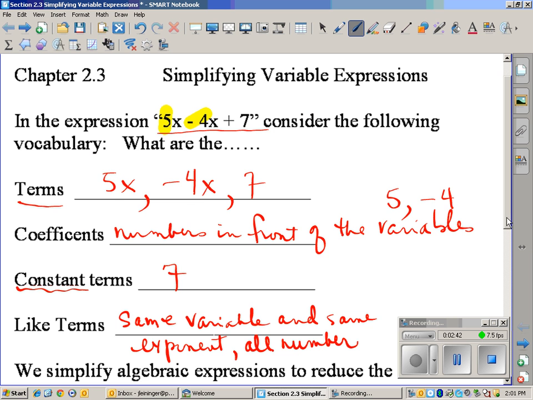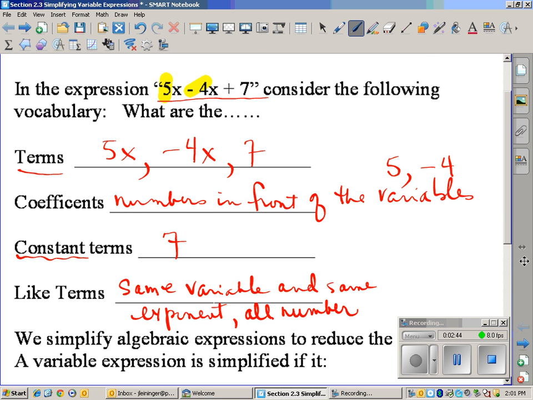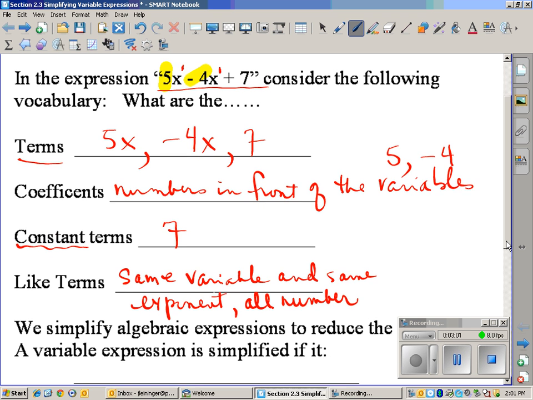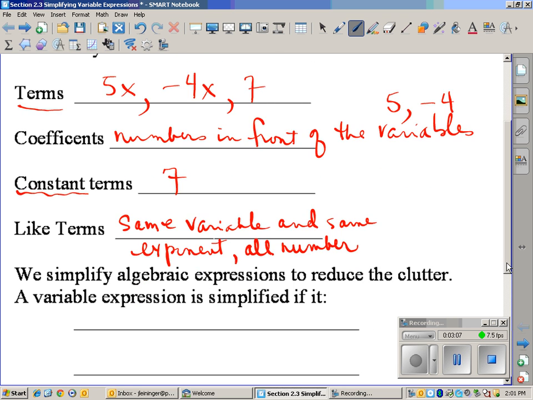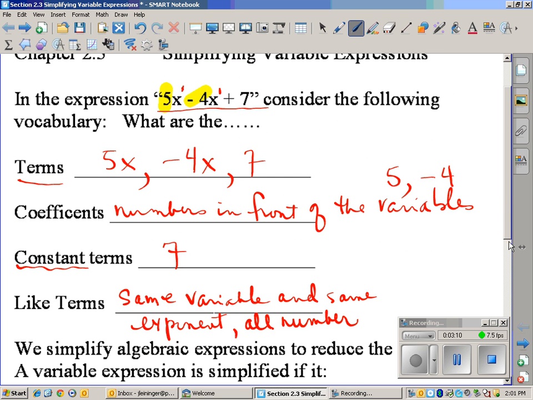So in this particular expression, we see a 5x and a negative 4x. They have the same base, x, and they have the same exponent because these are actually to the 1 power. So they meet our criteria. They have the same base and the same exponent, so we can combine those. If you have 5x's and you take 4x's away, you end up with 1x plus 7.